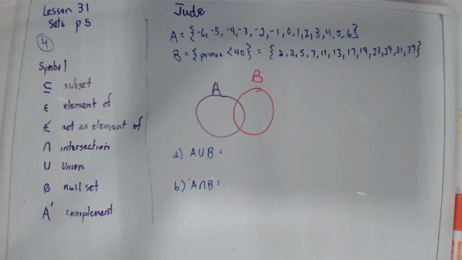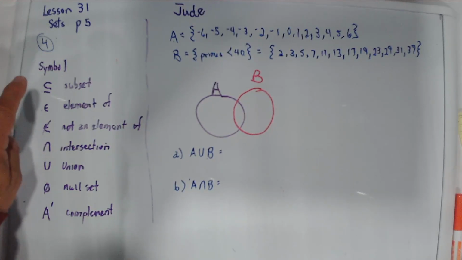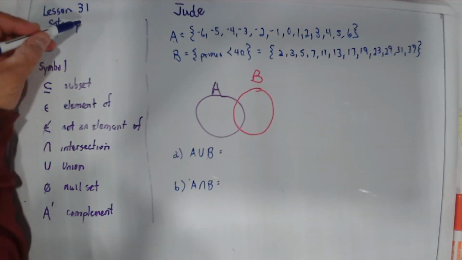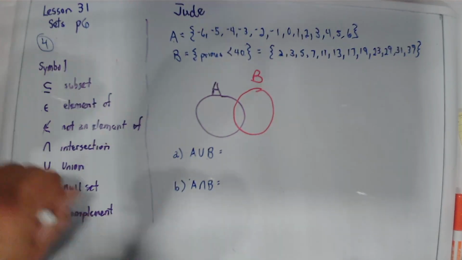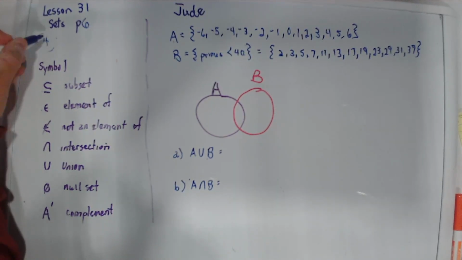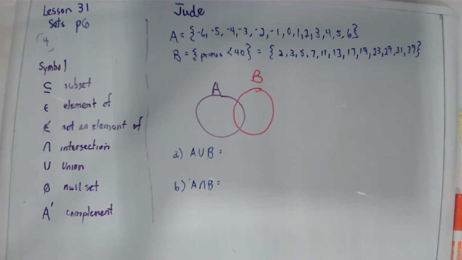Okay, Jude, this is the same lesson, 31. And this is on page 6, not 5. And this is number 5. No, it's number 4. And you have two pieces, A and B. Okay, so this is what we have set up, and this is the problem.